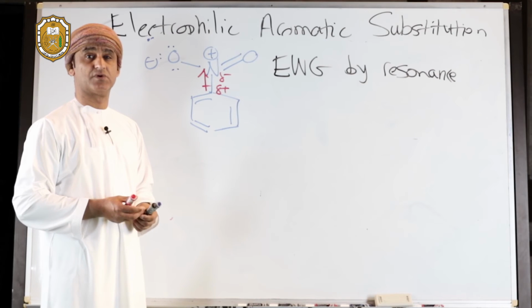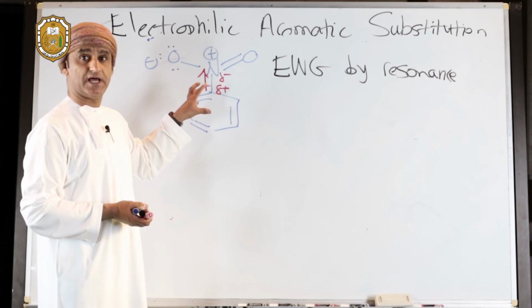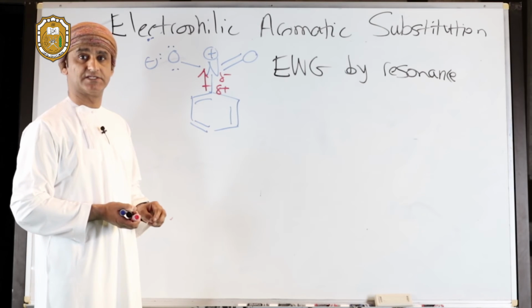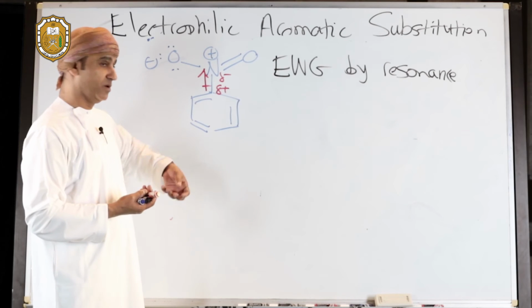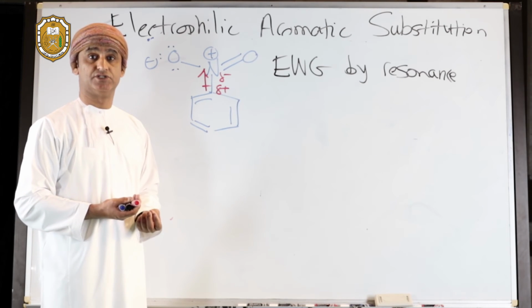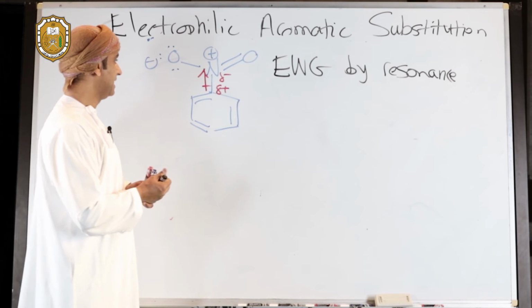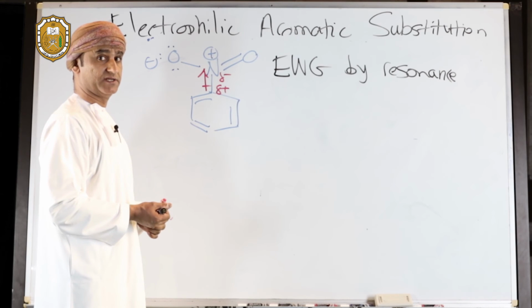But this inductive withdrawal supports, or coincides with, the resonance withdrawal. The two effects, the resonance withdrawal and the inductive withdrawal, therefore reinforce each other. So the nitro group is an electron withdrawing group by resonance, and it's also an electron withdrawing group by inductive effect.